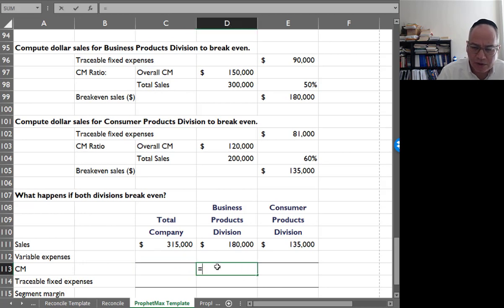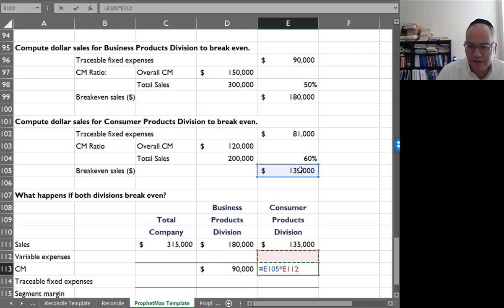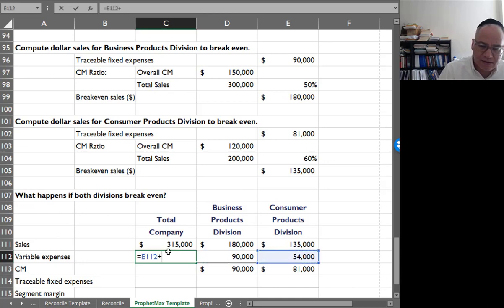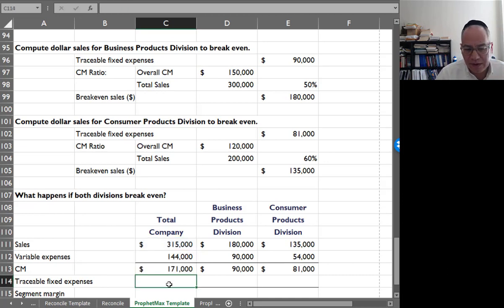My contribution margin for the business products division would be 180,000 times 50%, or 90,000, and for the consumer products division, 135,000 times 60% would be my contribution margin of 81,000. And then my variable expenses would be the difference between these. So I'm doing this a little backwards just to save time. Otherwise, I could just look them up and get the same numbers, basically.